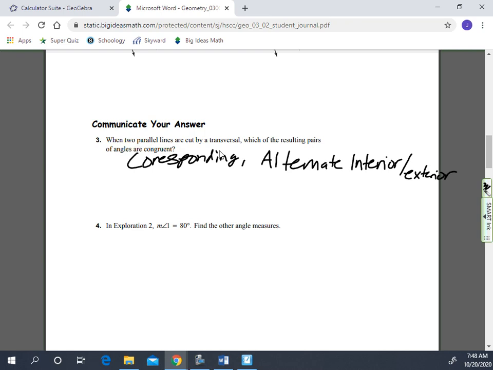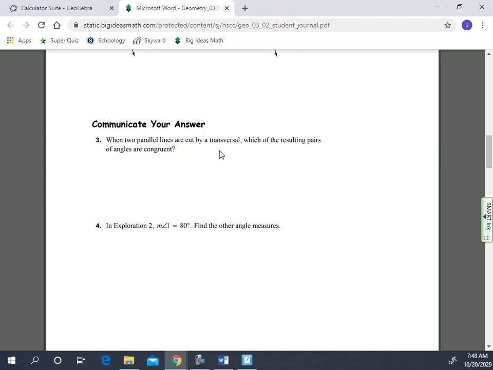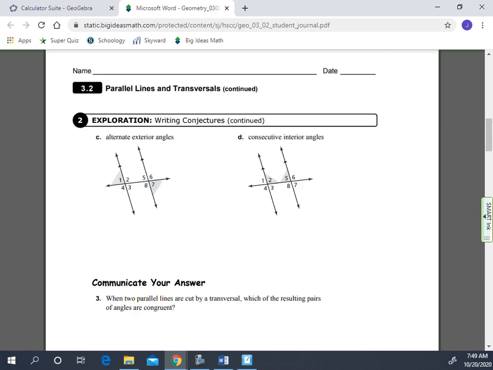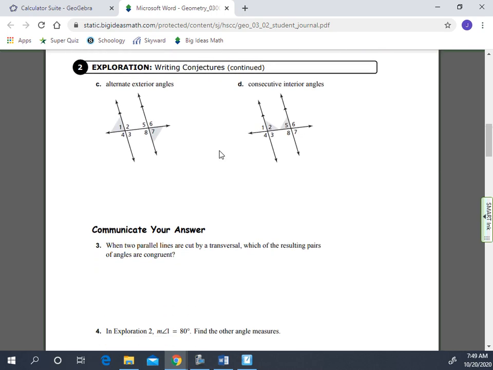Number 4 says in exploration 2, so I'm going to have to scroll up and read what exploration 2 says. The measure of angle 1 is 80. Okay, right there. So this is 80 degrees. Find the other angle measures. Well, I'm going to do that right here underneath exploration 2.